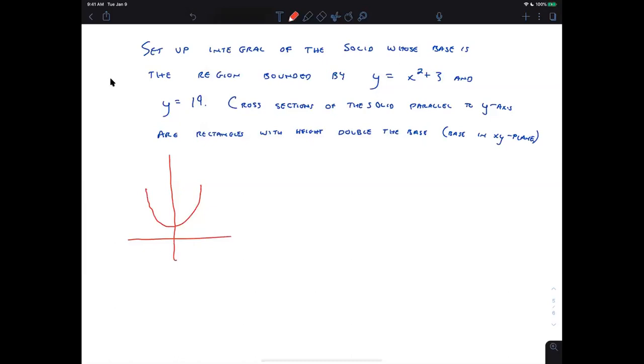Y equals 19 is a horizontal line somewhere up here. So this is 19 and that's 3. Then we can quickly get the intersection points by setting x squared plus 3 equal to 19. So x is plus or minus 4. So this is 4 comma 19, and this is negative 4 comma 19.